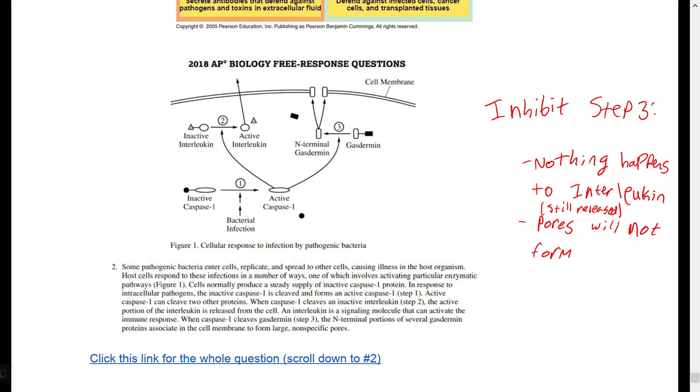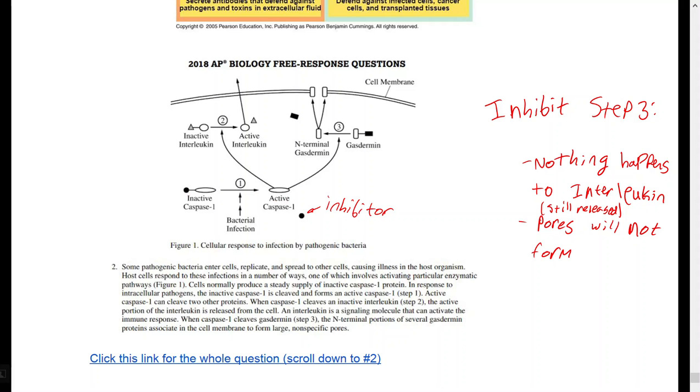Inhibitors are things that when you take them away from the protein, the protein starts working, right? So we're going to answer that question with this. This is probably going to be an inhibitor. If it has it when it's inactive and gets rid of it to be active, that's going to be an inhibitor. So that's something that question is going to ask us. And what that will do is change the shape of the protein, right? Okay.